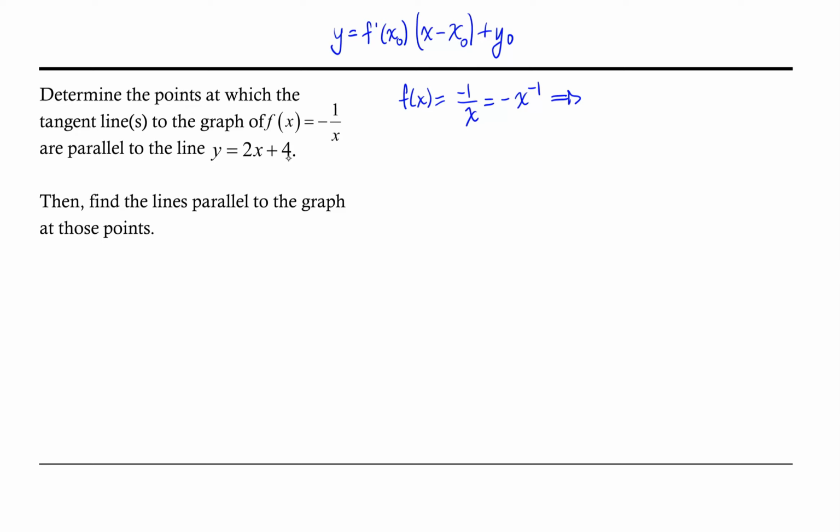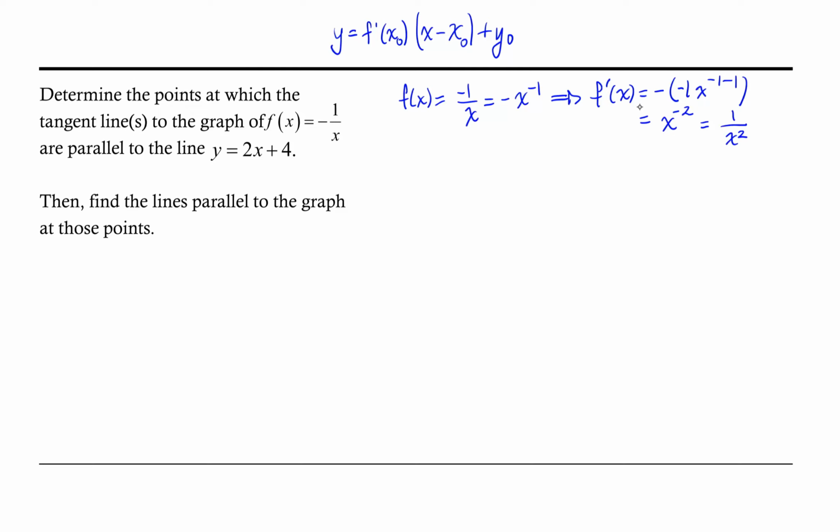So that implies that f prime of x will be negative, and then our power rule would be -1 x to the -1 minus 1. The negative of a negative is positive, so this will be positive x to the -2, or 1 over x squared.